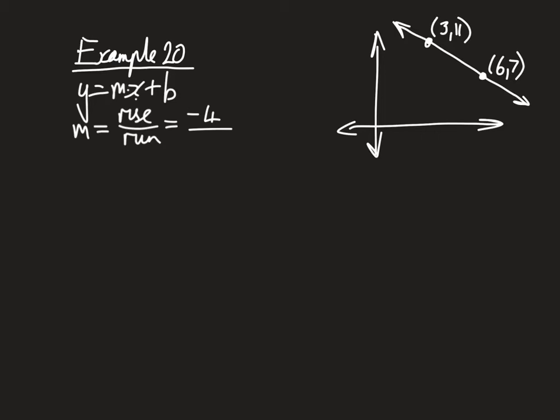Now, that does mean that we've got some funny looking fraction for our gradient. Fear not, despite the fact that I don't like this very much, it's -4/3 equals m, and I'll just put m there. Now, to find the y-intercept here is a bit tricky because, as we can see, where on earth does this cross the y-axis? No idea.